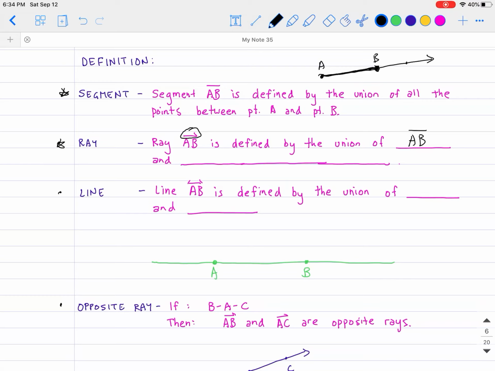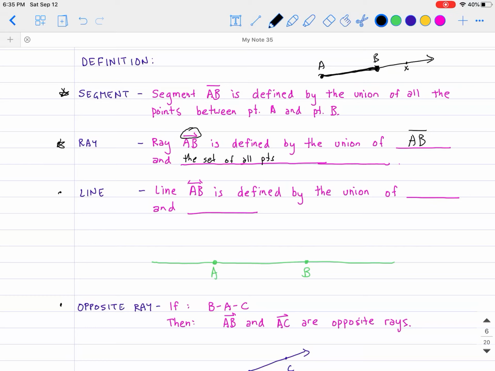And the next part is going to be a little bit tricky, okay? So here's what we're going to say. I'm going to say that there's an arbitrary point X over there on the far right. So the way I'm going to define it is that ray AB is defined as the union of AB, the segment, and the set of all points X such that B is in between A and X. Okay, so let me go ahead and write that out.